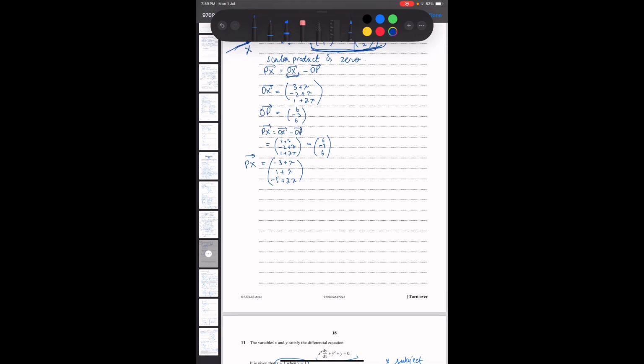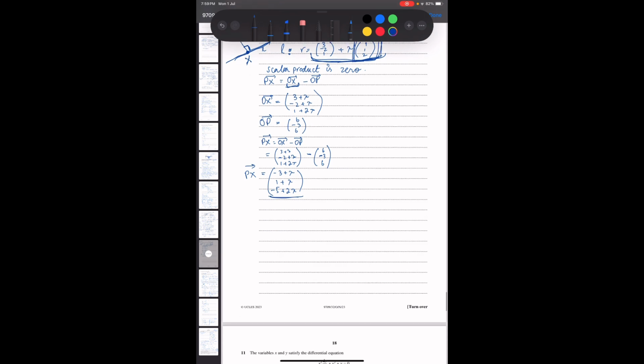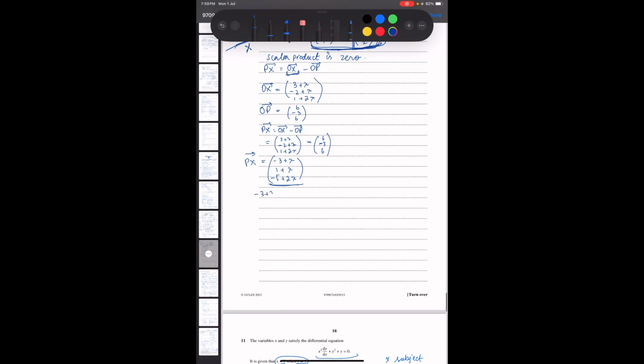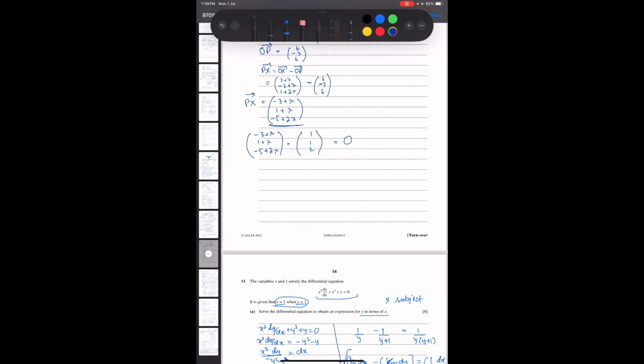Now in the scalar product, this is one vector and the other vector is this, because in the scalar product we always use the direction vector. So (minus 3 plus lambda, 1 plus lambda, minus 5 plus 2 lambda) dot (1, 1, 2) is equal to 0, because they're perpendicular to each other. Now we'll just multiply. Minus 3 plus lambda multiplied by 1 is minus 3 plus lambda. 1 plus lambda multiplied by 1 is 1 plus lambda.